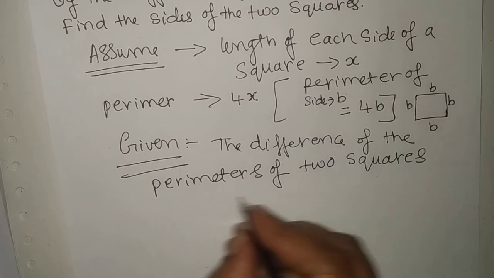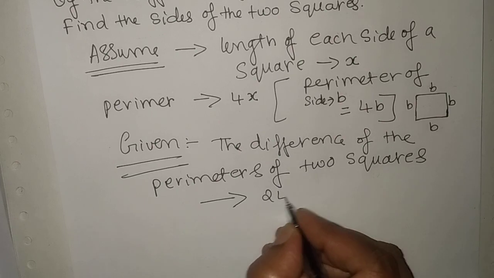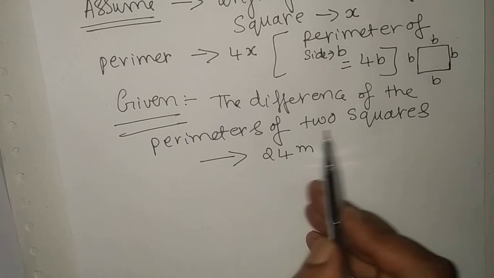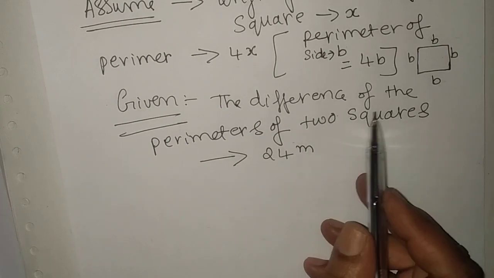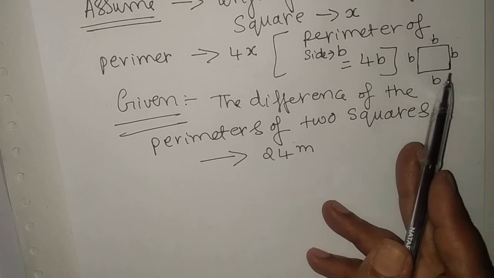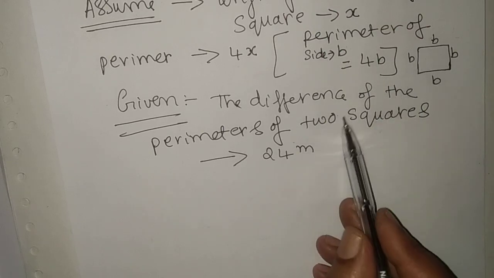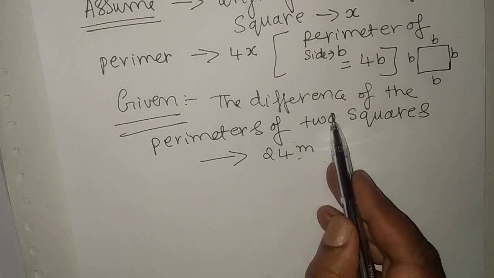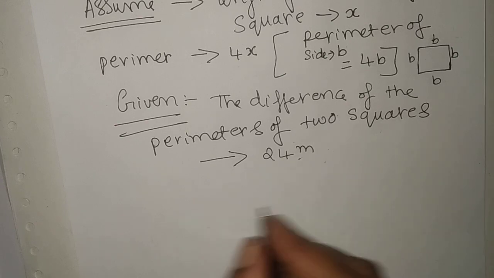The difference of the perimeters of the two squares is 24 meters. It is given. We are talking about two squares. The sum of the areas of the two squares is 468 meter square, and the difference of the perimeters they have given as 24 meters.